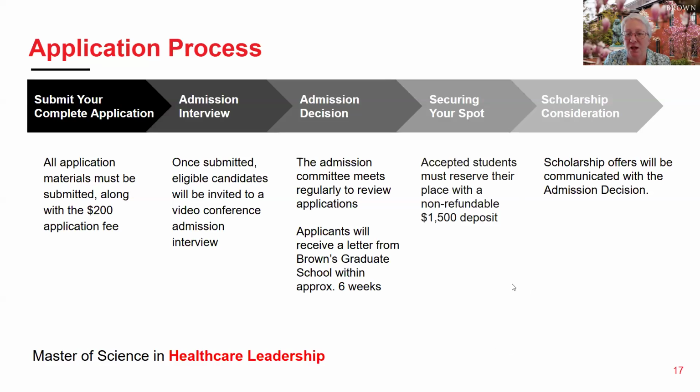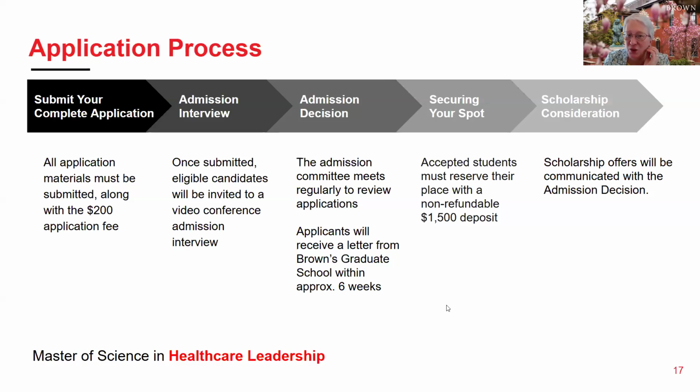In general, this is a rolling process. I have on the slide here that it takes approximately 6 weeks, but it's really much closer to 1 or 2 weeks in terms of that decision and notification of the decision.